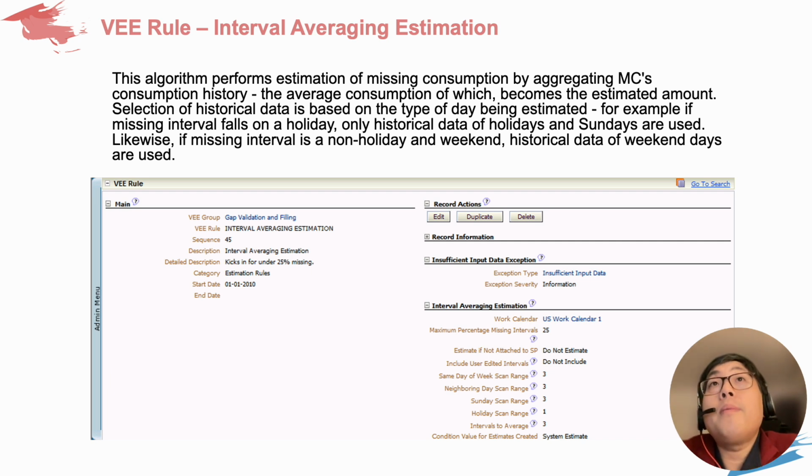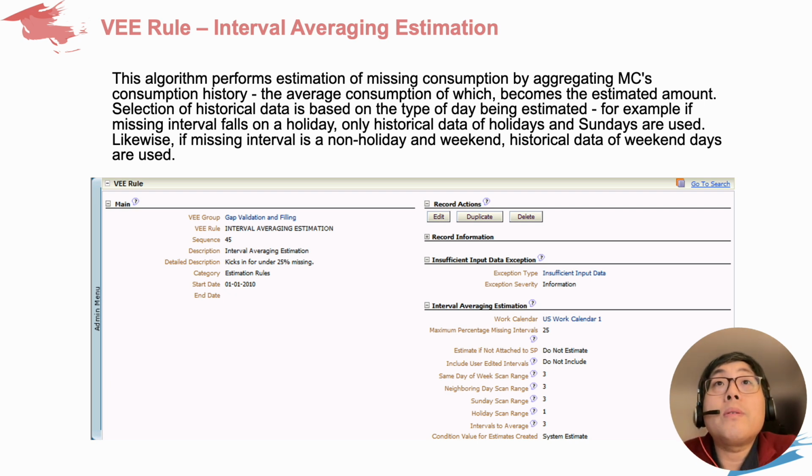This is one example. It averages out the interval with the ones that are actual, so it fills the gap by averaging the consumption around it in a particular period.